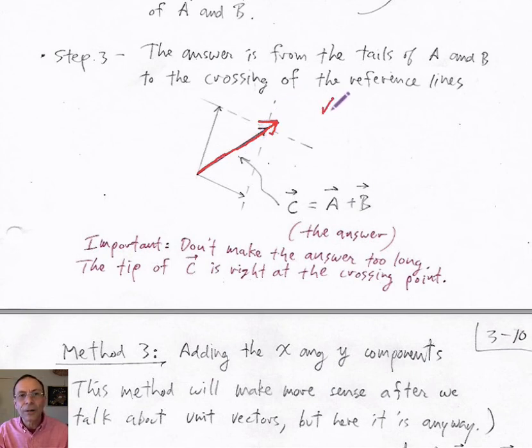That is wrong. Don't do that. You want the vector to go and stop right at that intersection. And then you can put your barbs on the arrowhead. Don't go too long. I take points off of that because it's wrong. You want it to be just the right length.